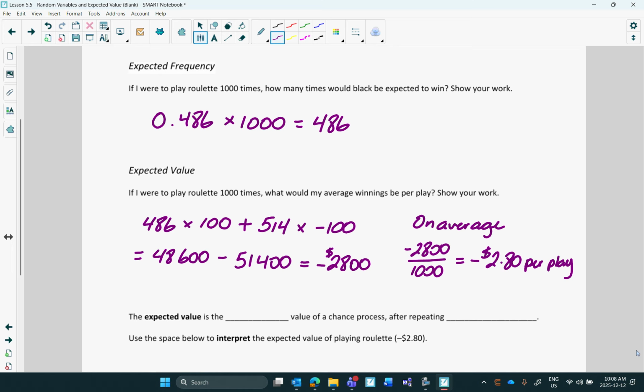Now that obviously doesn't make sense because you're not going to lose $2.80 every time you play. You're either winning 100 or losing 100. This is over the long run, if you played many, many, many times. On average, this is how much you would be losing. Would you play this game? You would? Because you just think it's going to be a winner.